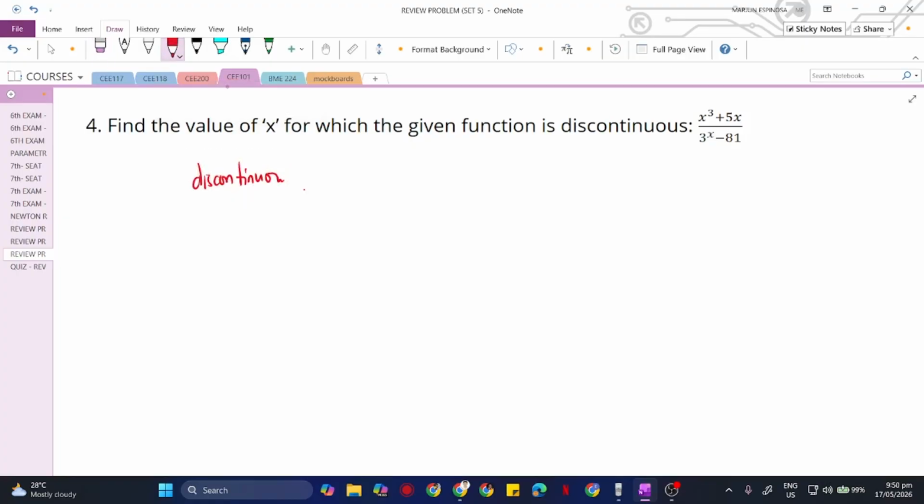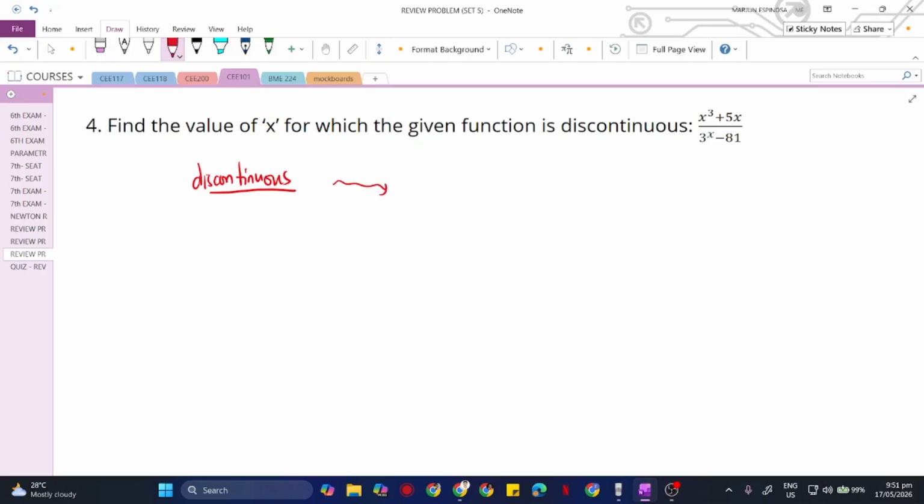discontinuous functions are functions that are discontinuous at a certain point. So how can we find the value of x or the possible value of the domain that will make our function discontinuous?